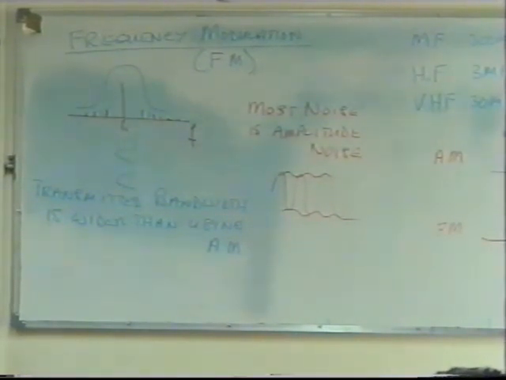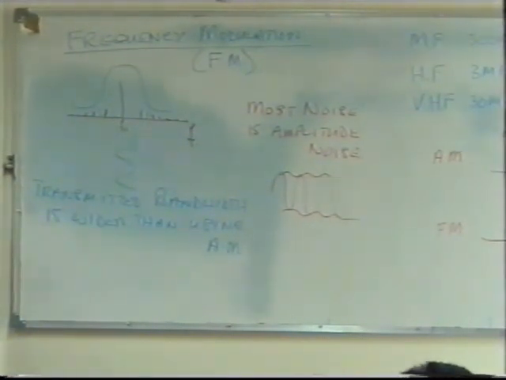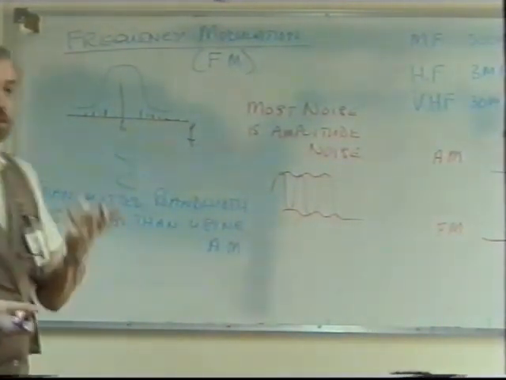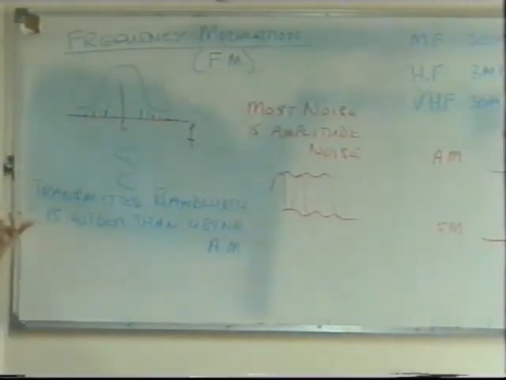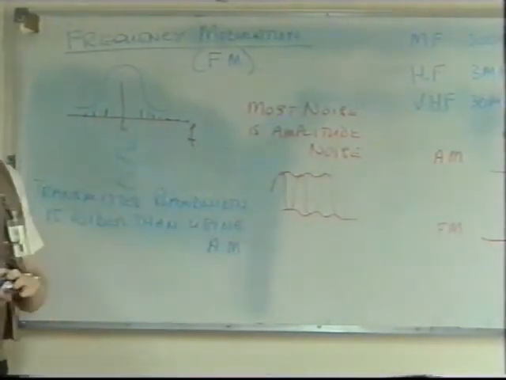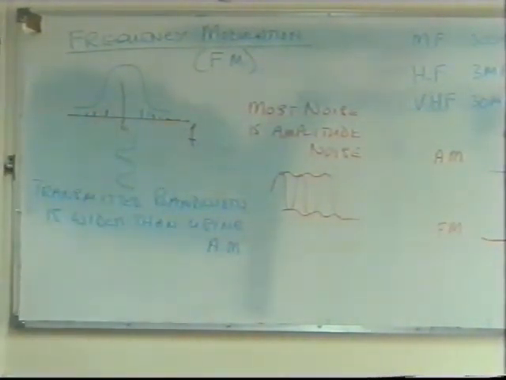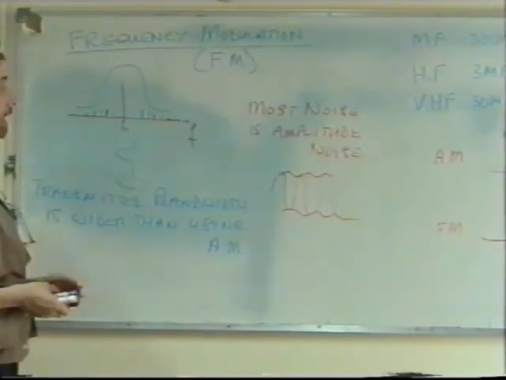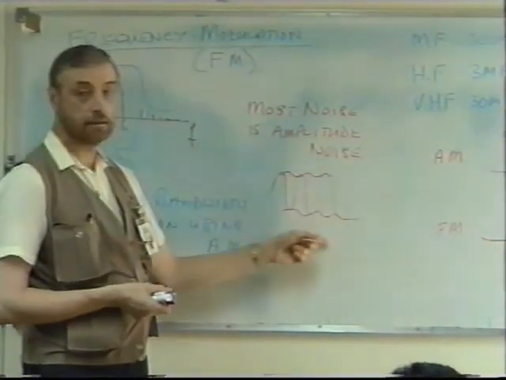Why do they use FM? Low noise, much clearer signal, much higher fidelity, as they call it, compared to AM. Although the signal actually takes up a wider bandwidth. But that's the cost we pay for giving us a better signal.